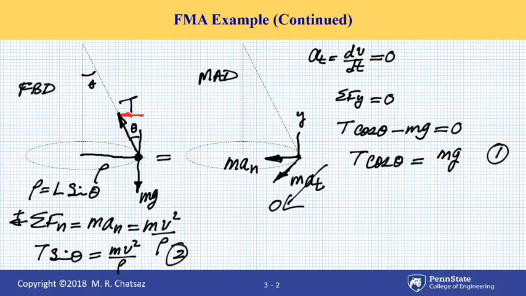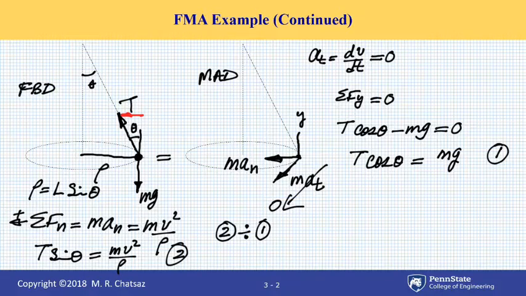Now, since I'm interested in finding the angle theta and there are two unknowns, one being tension T, the other being angle theta, I eliminate tension T by dividing equation 2 by equation 1.